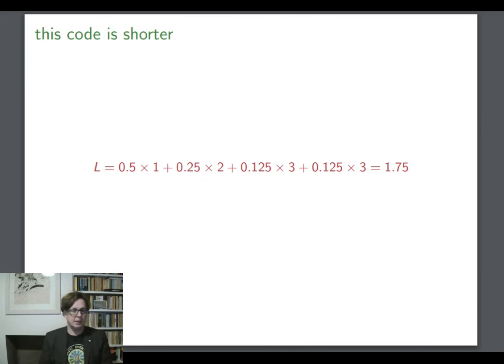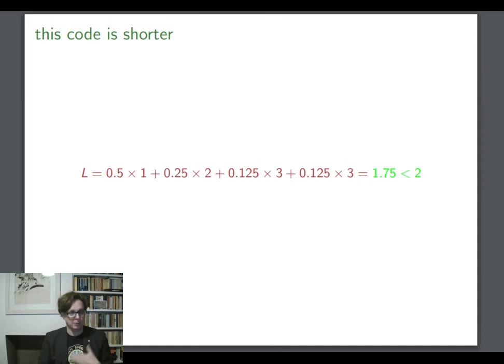For the A's, it's 1, the length of the code word for A, multiplied by 0.5, the probability of A. For B, it's 0.25, the probability of B, by 2, the length of the code word for B. For C and D, it's 0.125, their probabilities, multiplied by 3, the number of bits, and then we get 1.75. And the point is that 1.75 is smaller than 2. And so we've actually come up with a more efficient code.